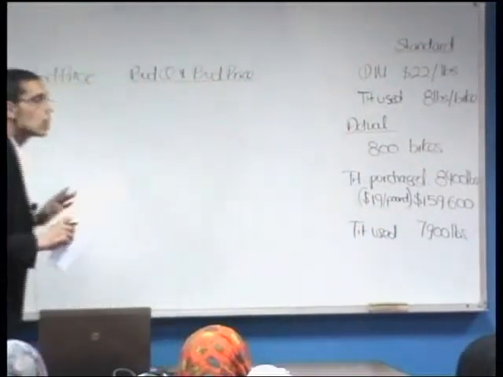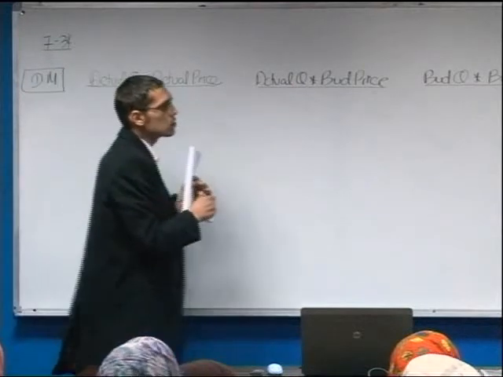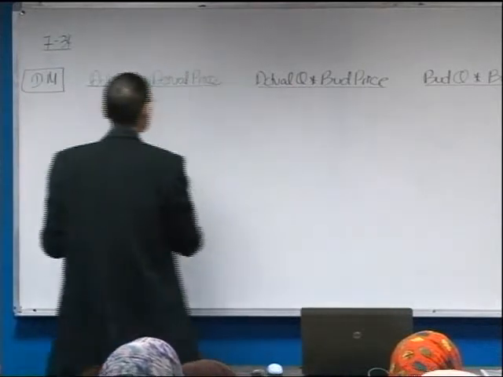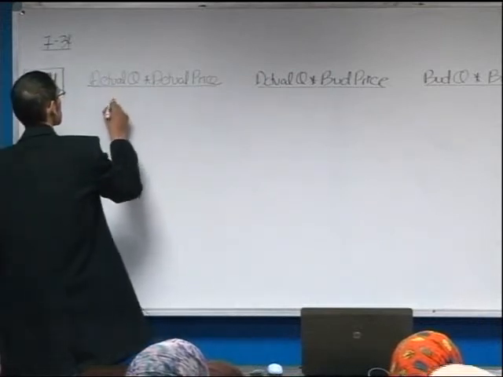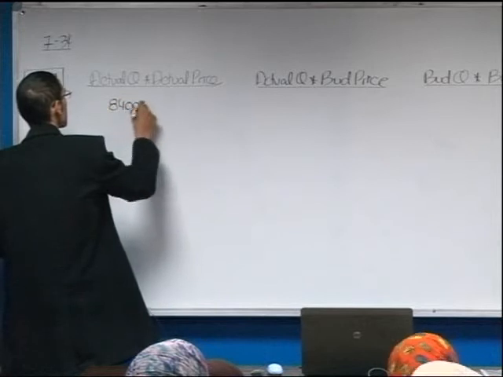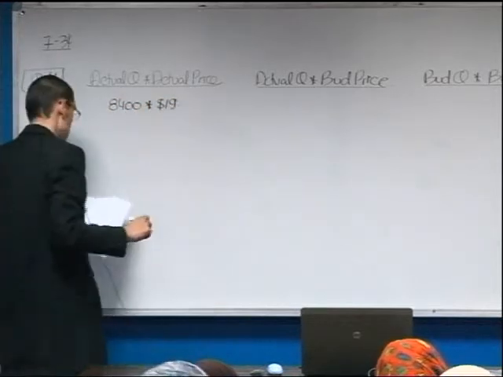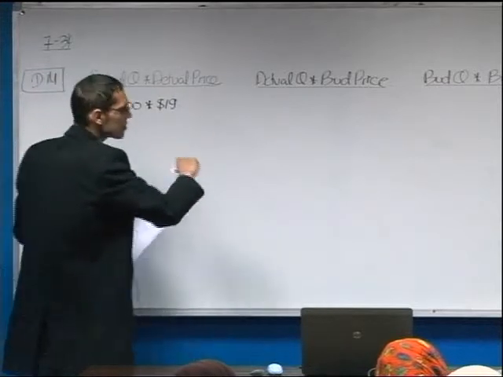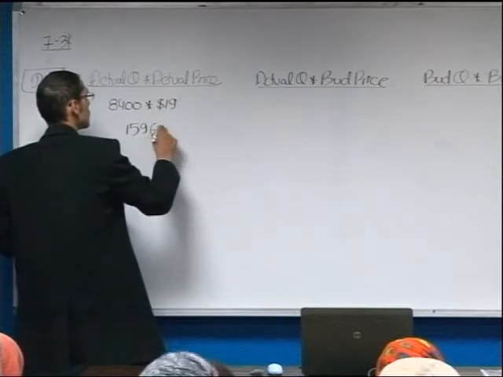Any questions? Therefore, first of all, the actual quantity here is the 8,400 pounds multiplied by the $19, which is the same amount that they gave us, the 159,600.